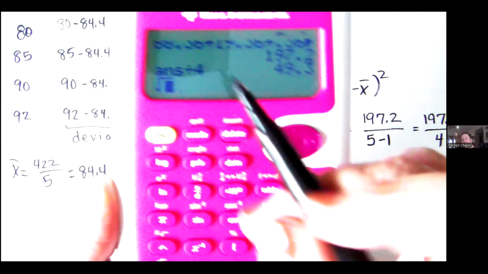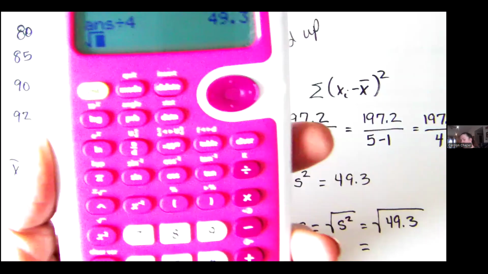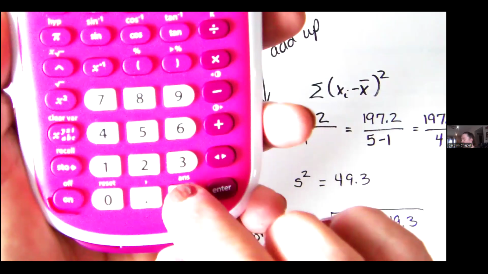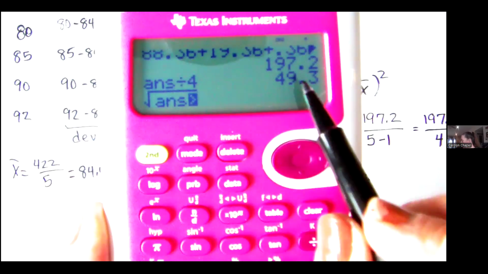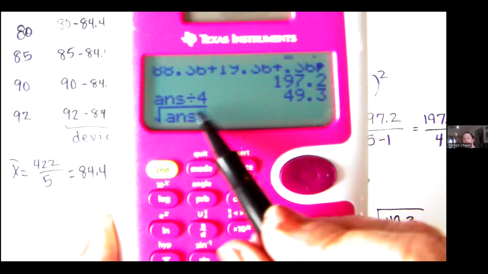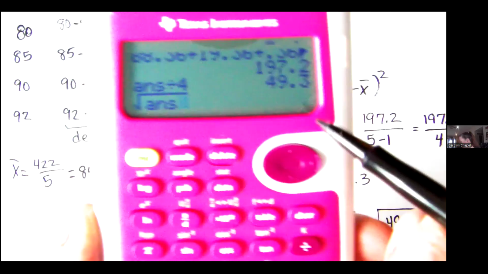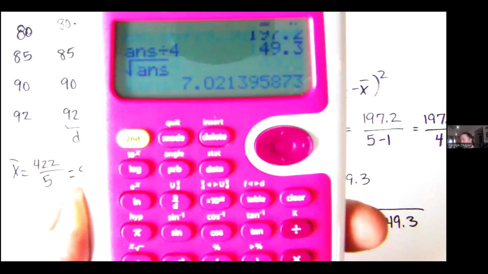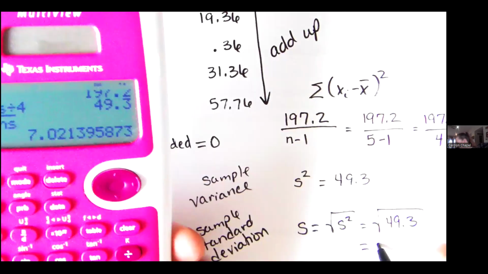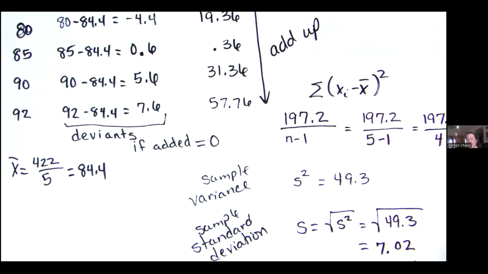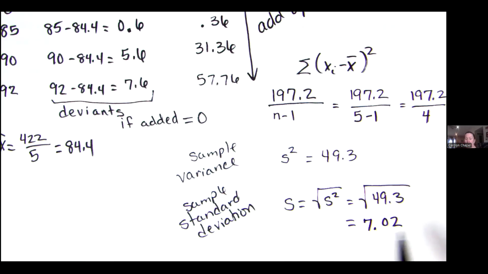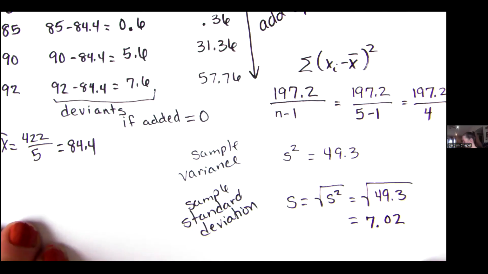You'll see my square root come in here. I also have this little ANS key, which allows me to take my number from before. So all it's doing is it's taking this 49.3 and putting it into that spot, or I could have typed it in. And then I'm going to hit my enter button. And I get 7.02. And then I would follow the directions of whatever the assignment said to round, however I needed to round. So I'm just rounding to 2 decimals.